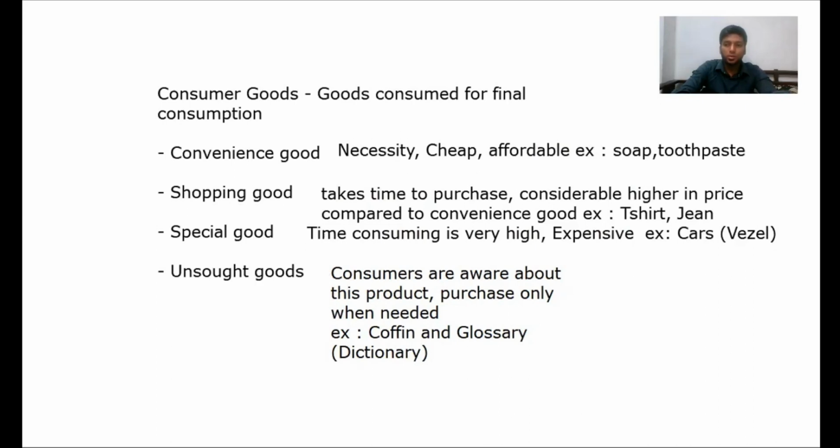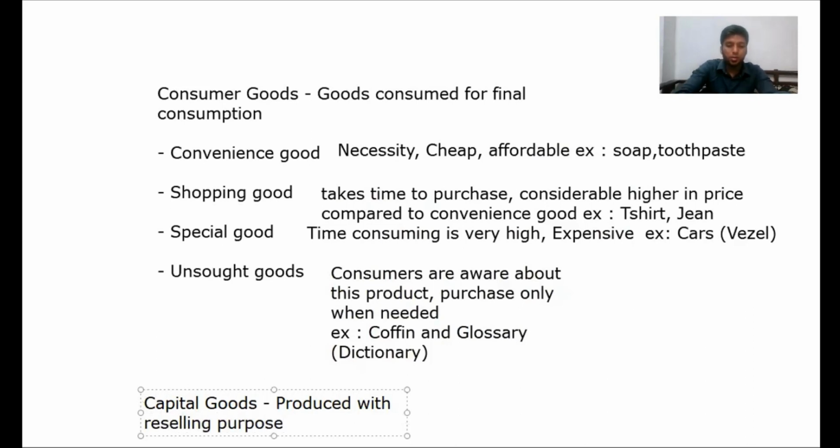He said as capital good. Okay, capital goods we are purchasing in order to sell to others. Produced with a reselling purpose. So I'm going to give the types of capital goods.